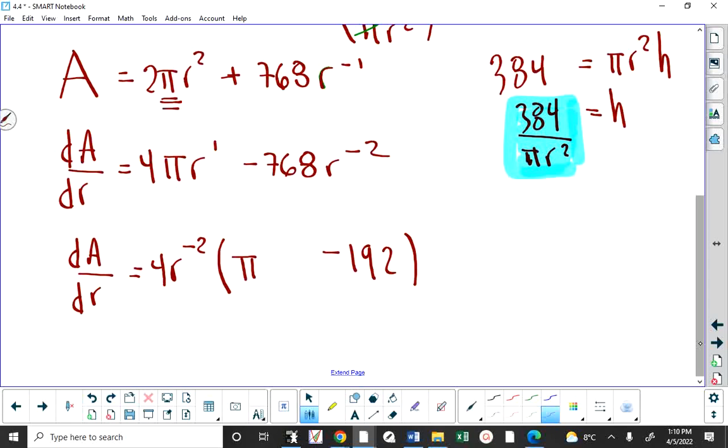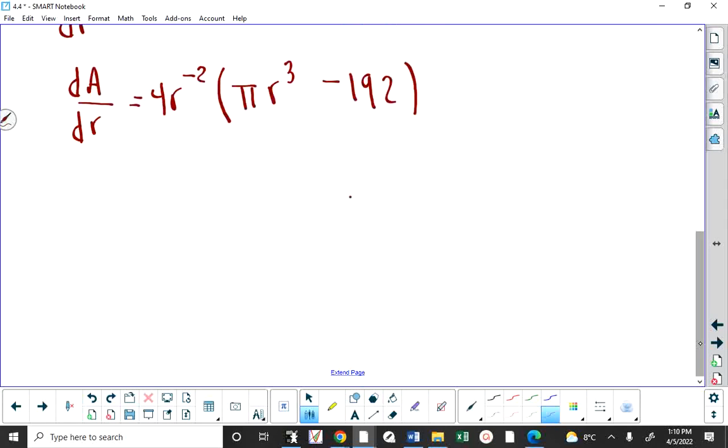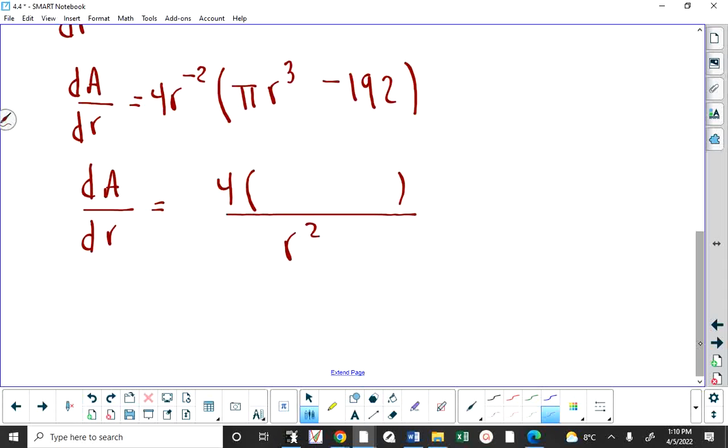Remember that. So I end up with pi r cubed minus 192, which means dA/dr in its purest form, which is all factored with no negative exponents, is 4 multiplied by pi r cubed minus 192 on the top, and then on the bottom r squared.